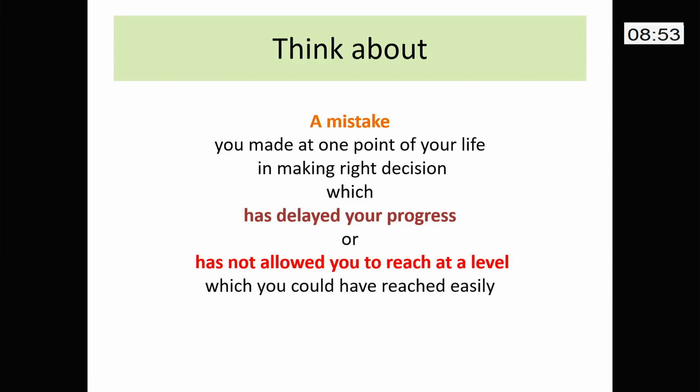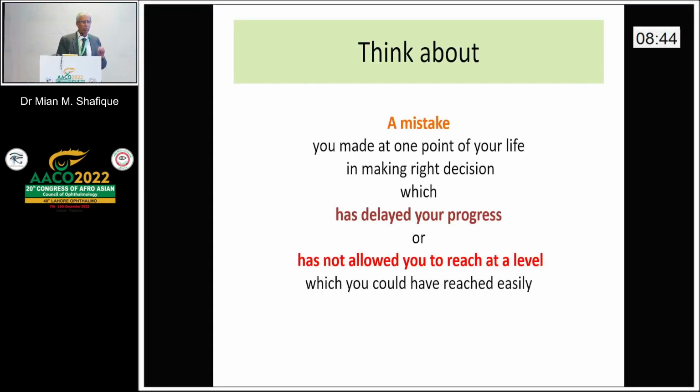Just think on this. Any small mistake, I will not ask any of you to speak it out, but think of it for just 10-15 seconds. I will be quiet and you will think.